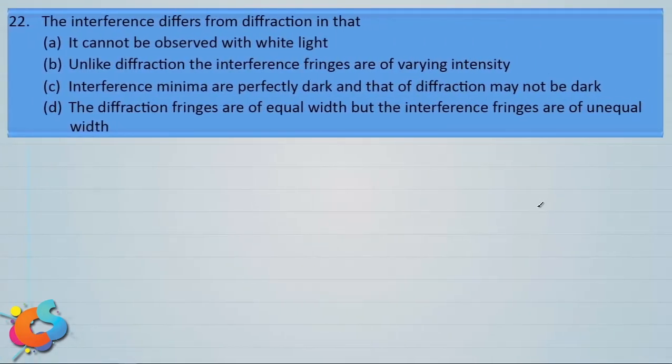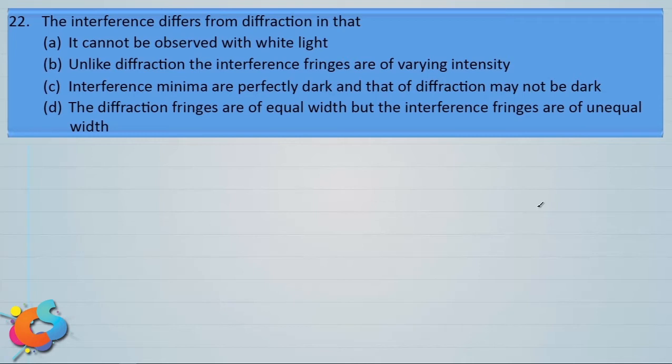Let's have a look at the next question, dear students. The interference differs from diffraction in that options: A. It cannot be observed with white light. B. Unlike diffraction, the interference fringes are of varying intensity. C. Interference minima are perfectly dark and that of diffraction may not be dark.